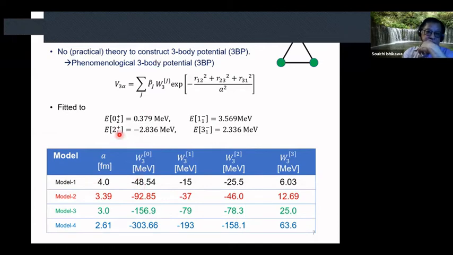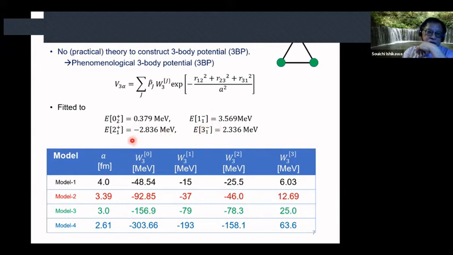For the 0 plus state, the strength parameter is determined to reproduce the Hoyle state energy. And also for the 1 minus and 3 minus states, the strength parameters are determined to reproduce these resonance energies.